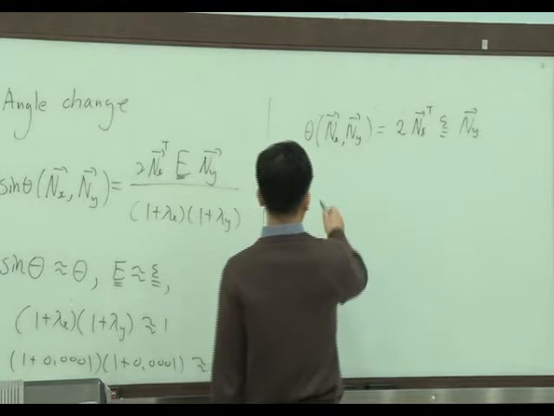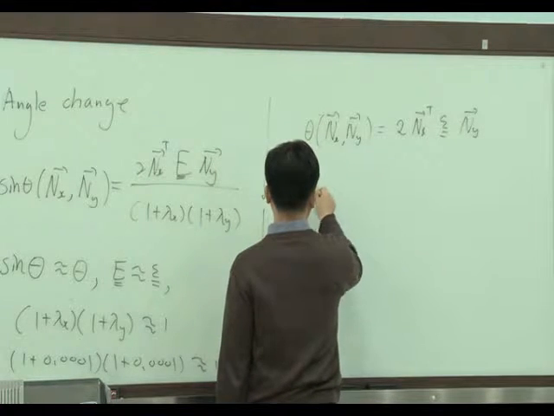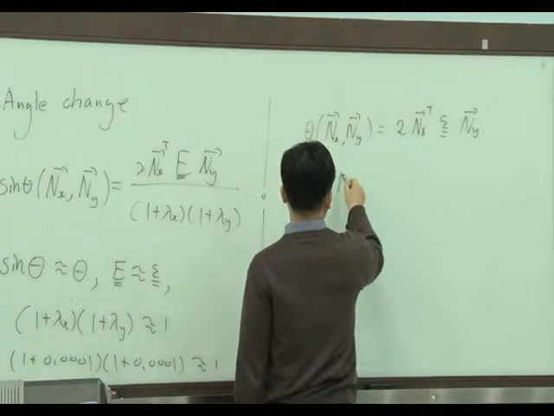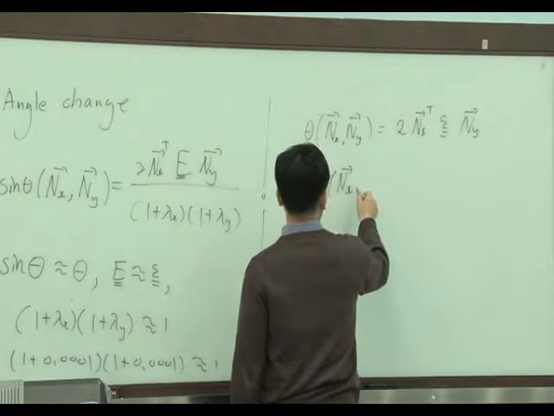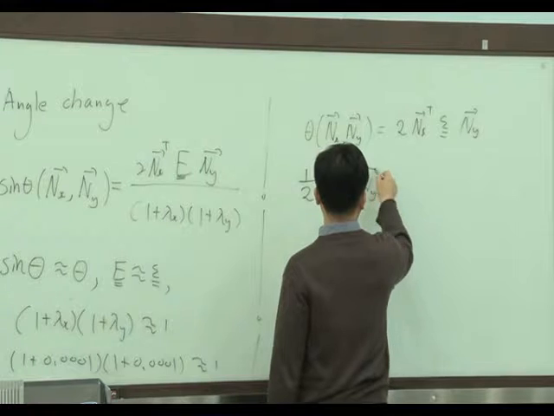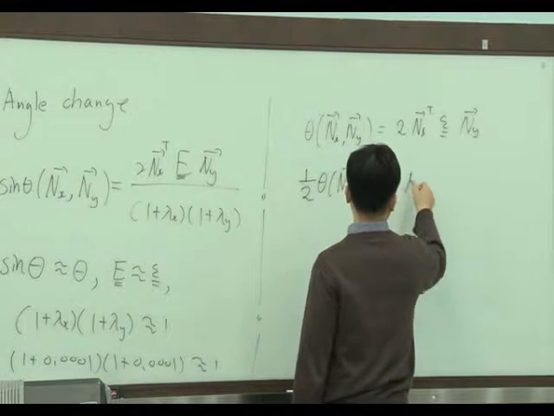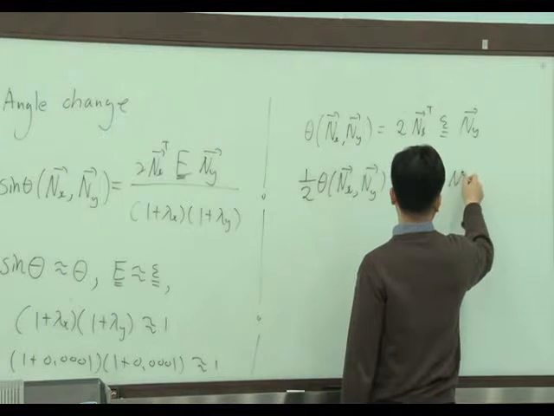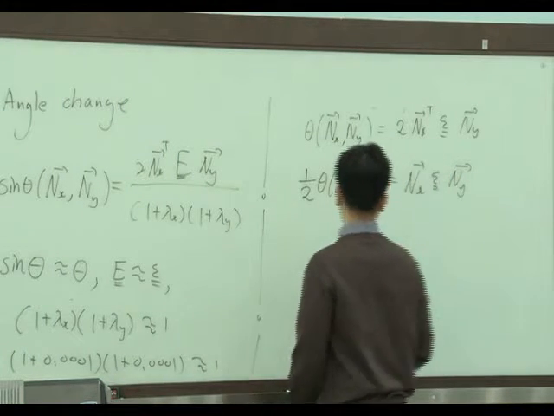So in other words, let's divide by 2: one half theta of nx and ny equals nx transpose small strain ny, right?